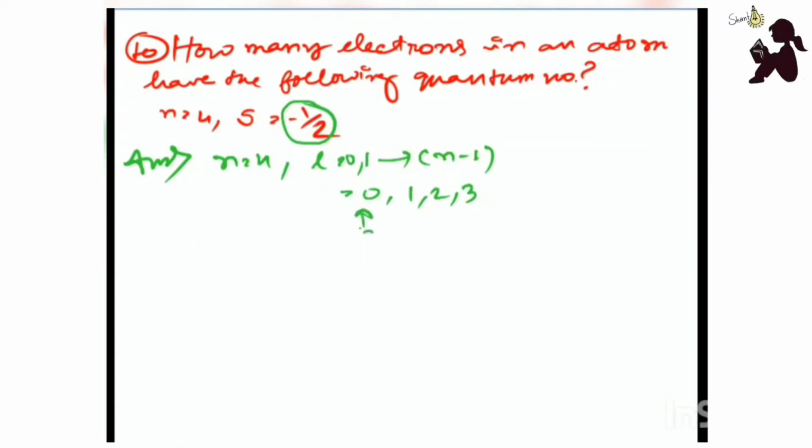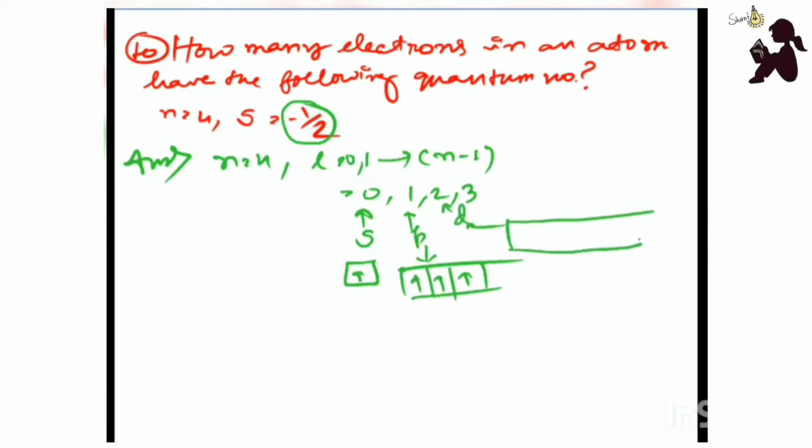So for s, it will be 1 electron. For p, it will be 1, 2, 3. For d, it will be 1, 2, 3, 4, 5, right?